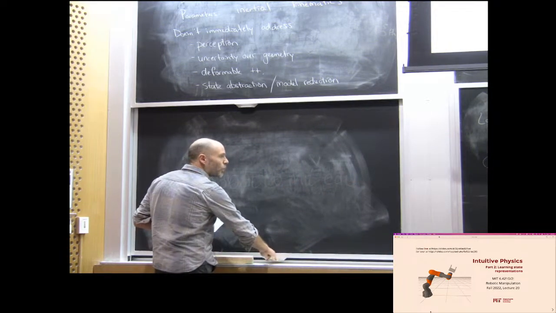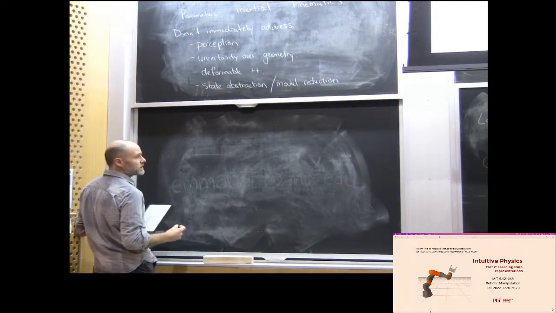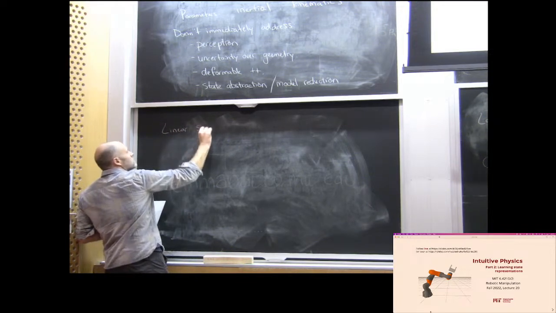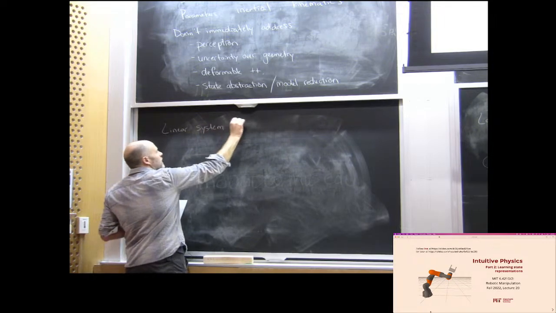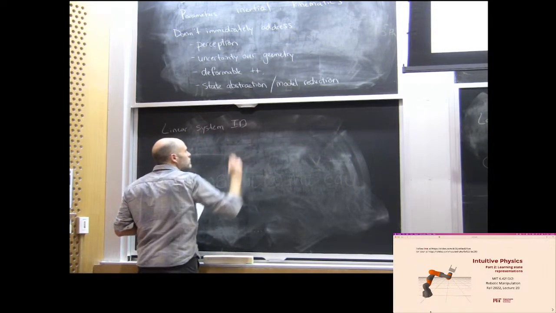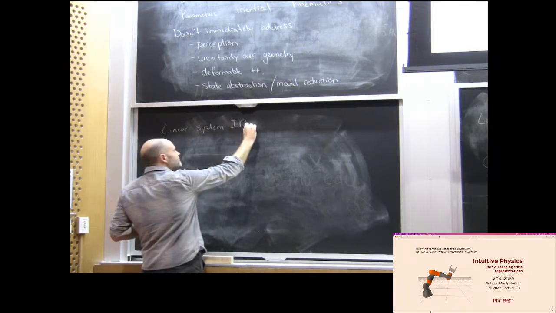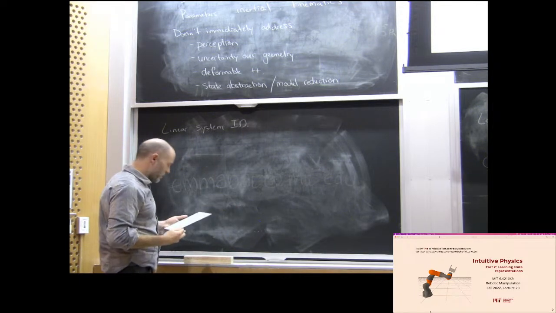So let's just think about what it would look like to do linear system ID. I'm going to do it at a level that gives you some details, but I'm also trying to aim at the big points here.